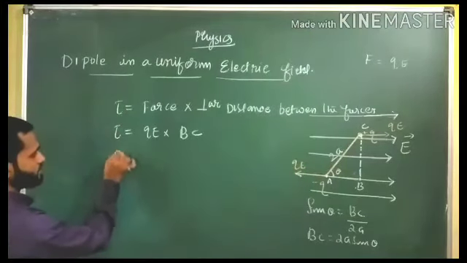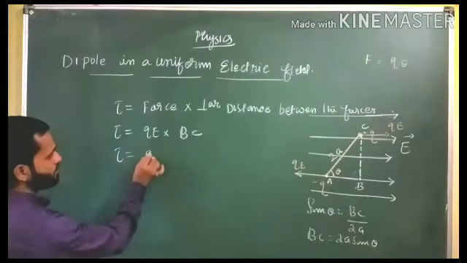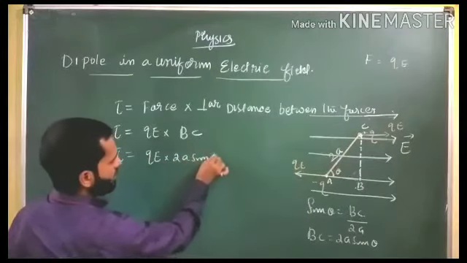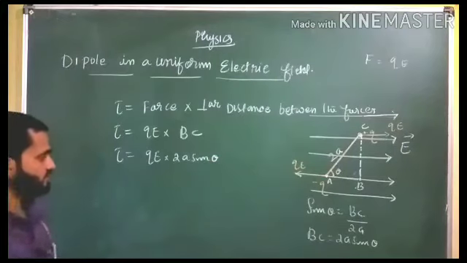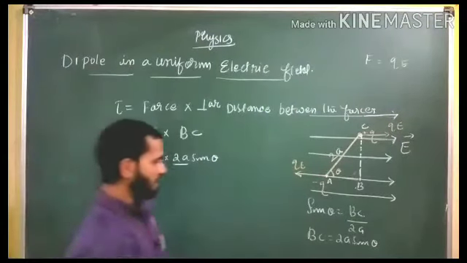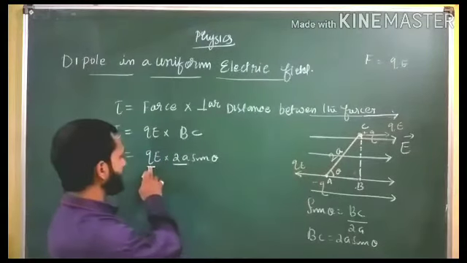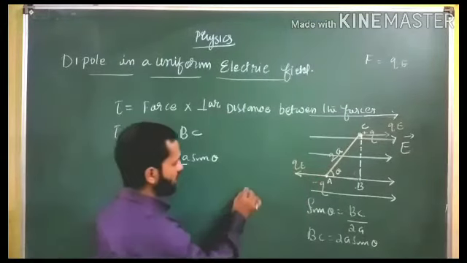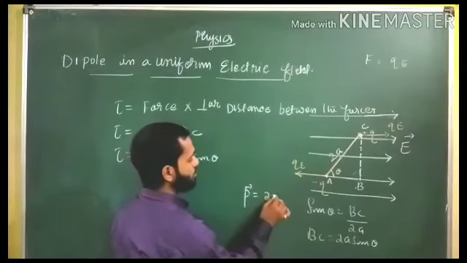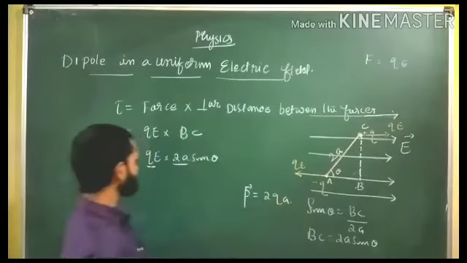Putting that value here, torque will be equal to QE into 2a sin theta. Now one more change we are bringing, students. 2a and q, that is the length of the dipole and one of the charges, that product is the dipole moment. Dipole moment p is equal to 2q into a.